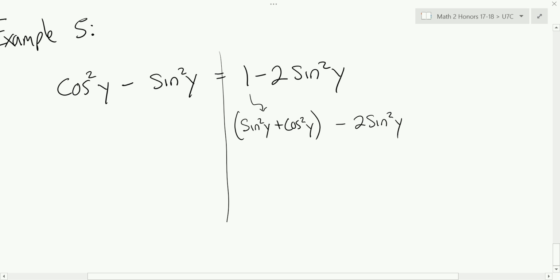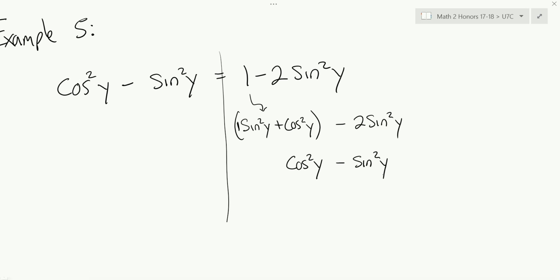Now I got a sine squared, there's a 1 in front of this one. I got 1 sine squared y on the left side minus 2 sine squared y. What's 1 minus 2? Negative 1. So that cosine squared is still there. And 1 minus 2 is negative 1 sine squared y. And now the right side looks like the left side.